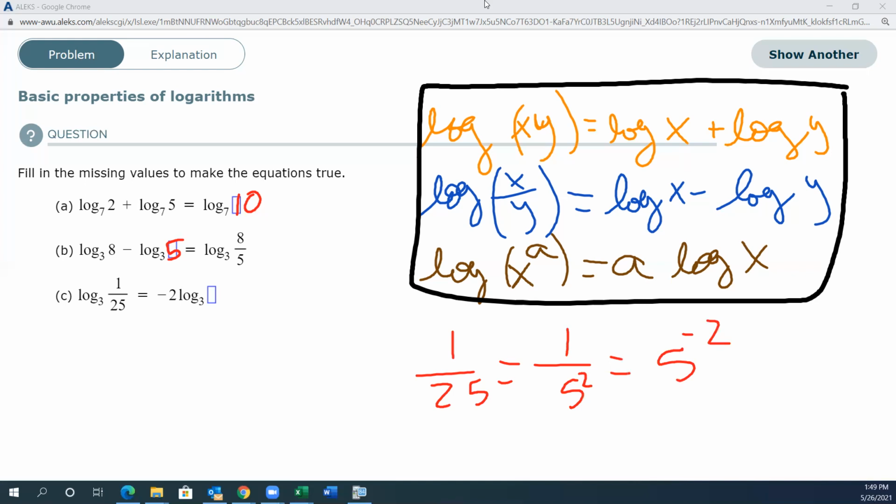So in order to pull a negative 2 out of this, the 1/25th has to be written as 5 to the negative 2. Then you can yank that negative 2 out, put it right there, and you'll just be left with the 5. And that would be the answer. That one's a little tricky, with the negative exponent and all that. Then you check your work on your calculator and everything is hunky-dory.